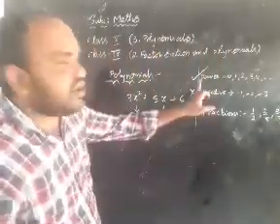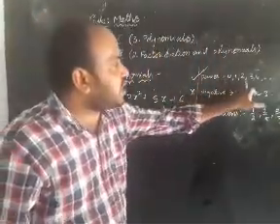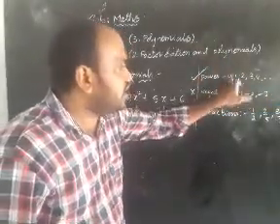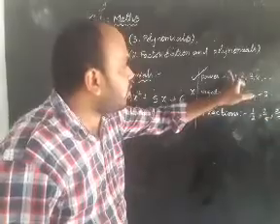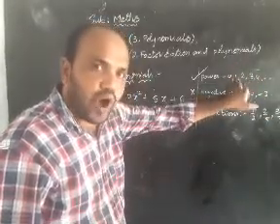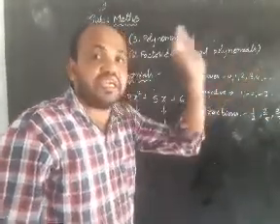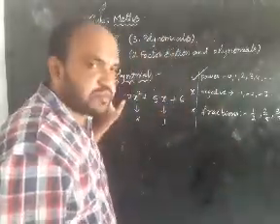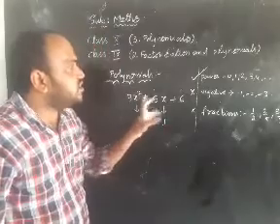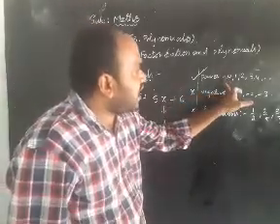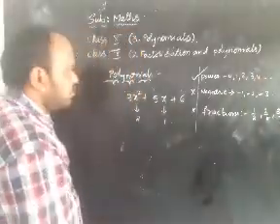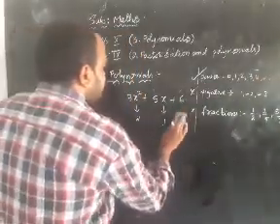So the power must be either 0, 1, 2, 3. Every variable in the expression should have a power of 0, 1, 2, 3 and so on.